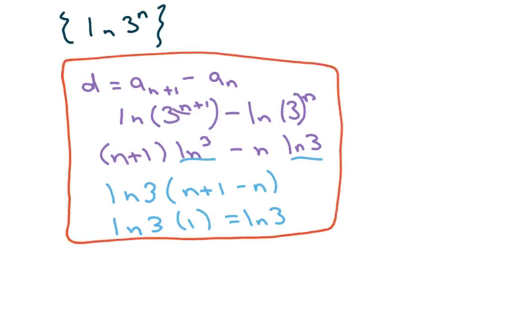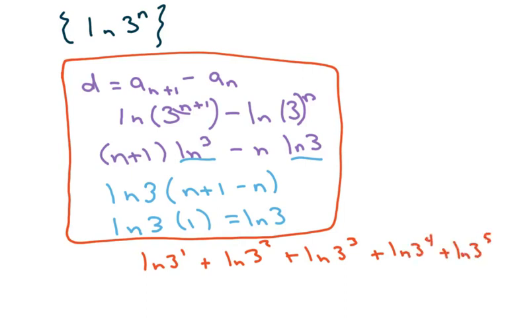All right. Now, basically a sub 1 is going to be ln of 3 to the first, ln of 3 squared, ln of 3 cubed, ln of 3 to the fourth, ln of 3 to the fifth. Now we use our power property.